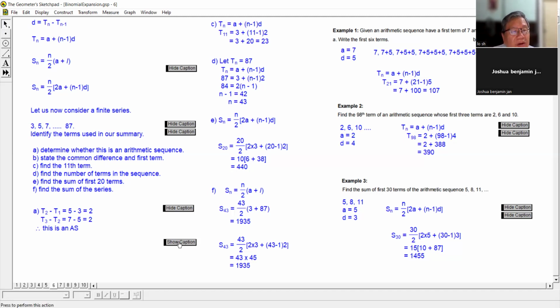Time is running out already. Okay, so now how to get the common difference? I take this number, the common difference d. You must know the symbol is d. d equals 2 and a equals 3. Time is up already. So I tell you what.